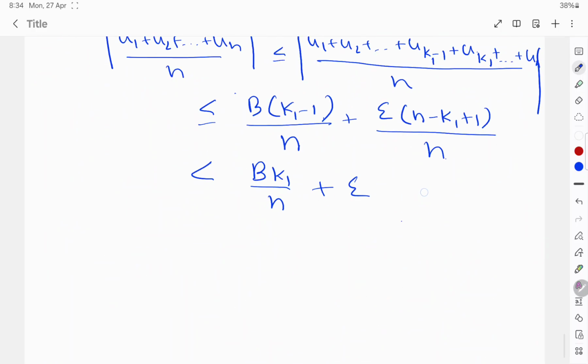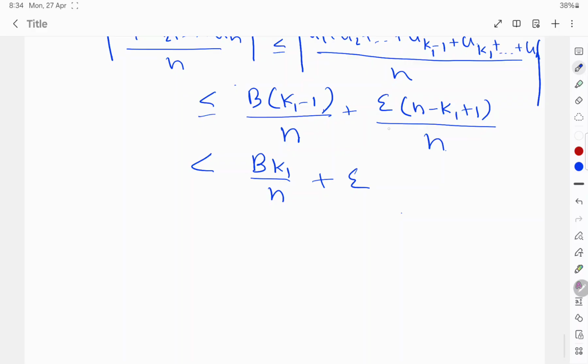So this is epsilon by 2, because you see n by k1 plus 1, this is less than n, right? So if you divide by that thing, this is less than 1, so this number is less than 1, so from there you are getting epsilon by 2.